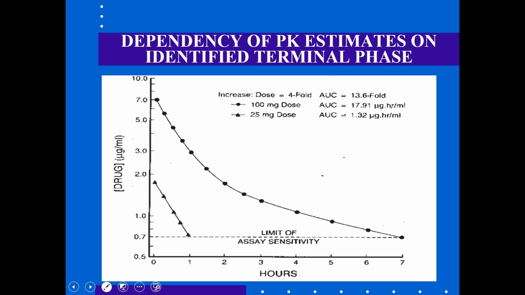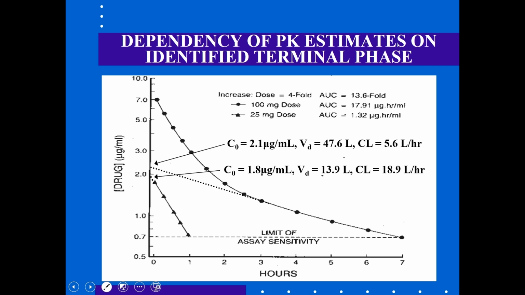The drug did show dose proportionality, but let me show you what the pharmacokinetic estimates would have been had they just worked with these data. You can see here that with the inadequate description of the plasma levels versus time curve, you had an underestimation of distribution volume and an overestimation of clearance.